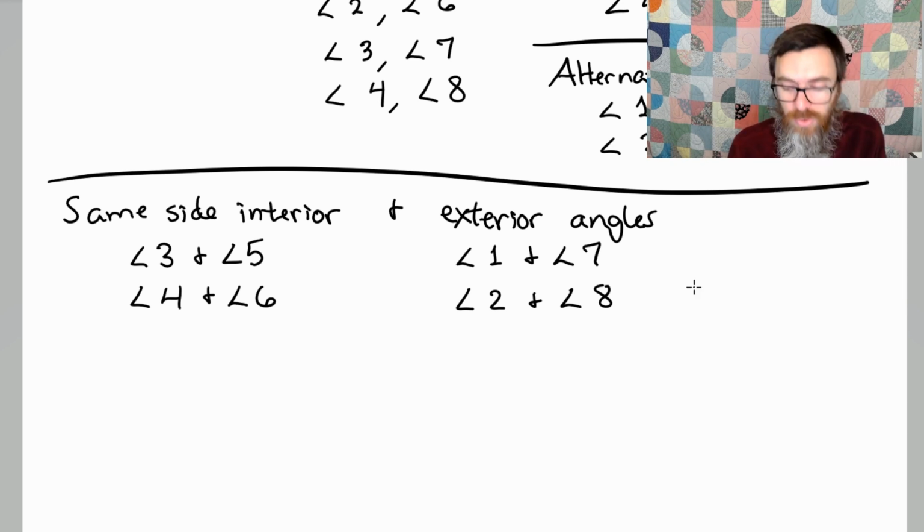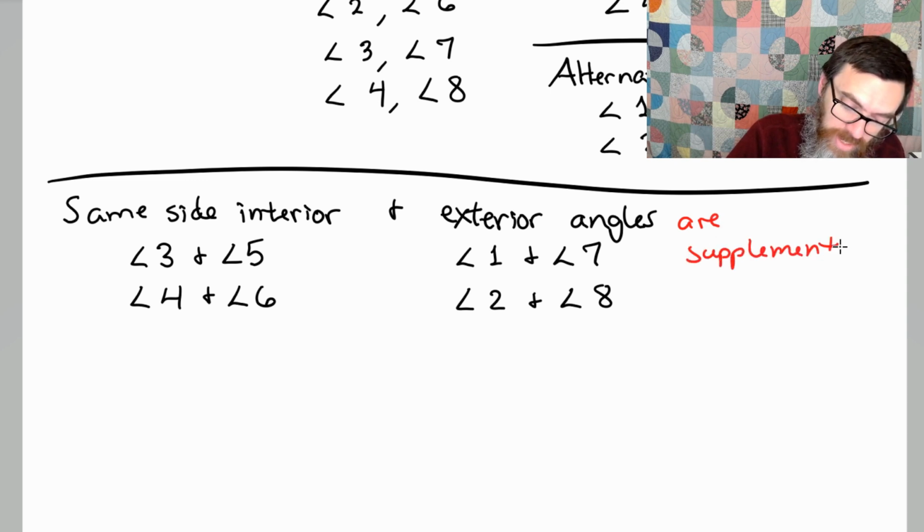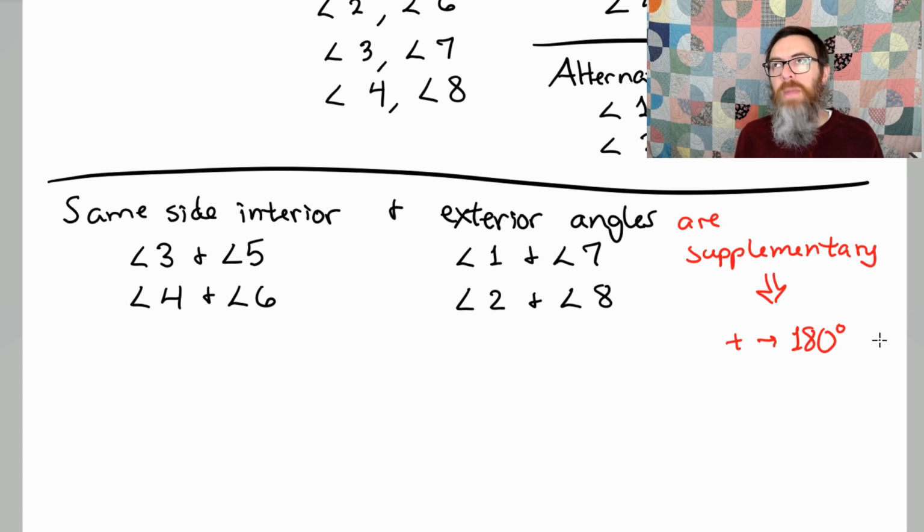These guys are not congruent. Instead, these guys are supplementary. Now remember that supplementary means that they add to give us 180 degrees. So keeping that in mind will help us answer a lot of these other questions that we have coming up.